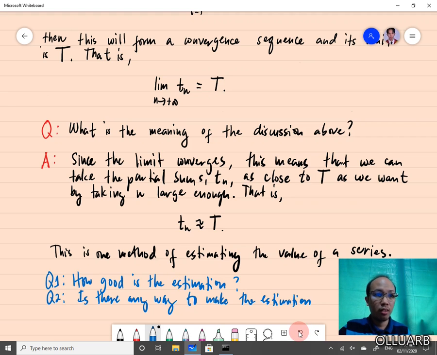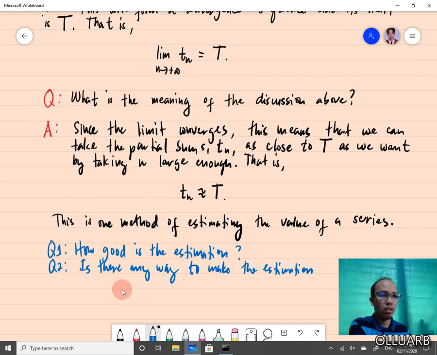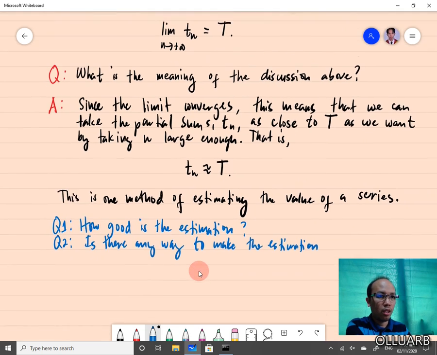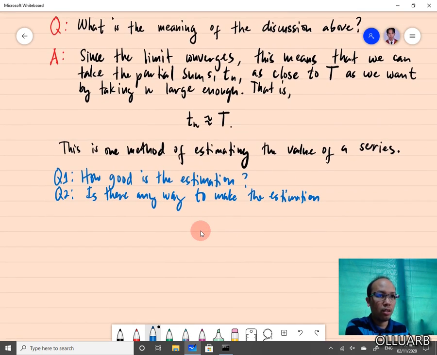As you wait, just imagine this question: how good is the estimation, and is there any way to make the estimation better?